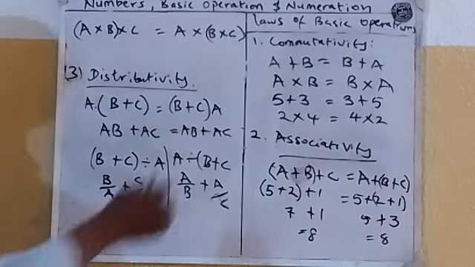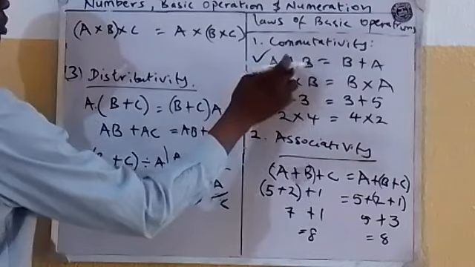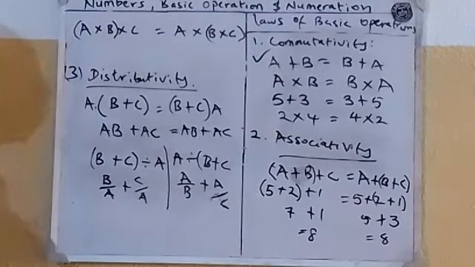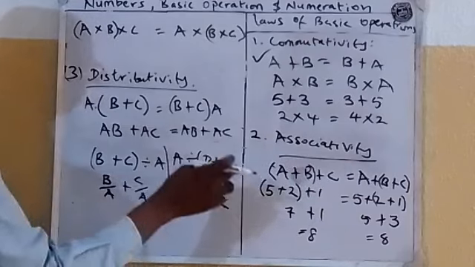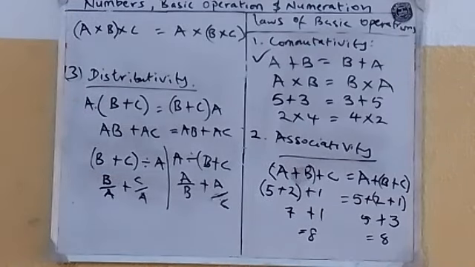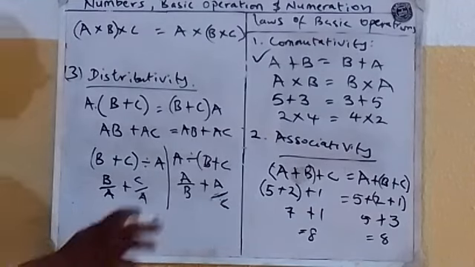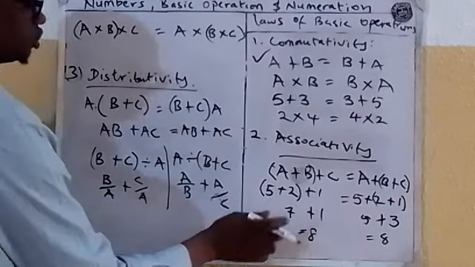Then for associativity, addition and multiplication again is associative. Division and subtraction is not associative.